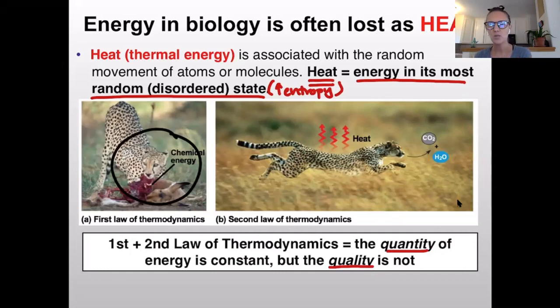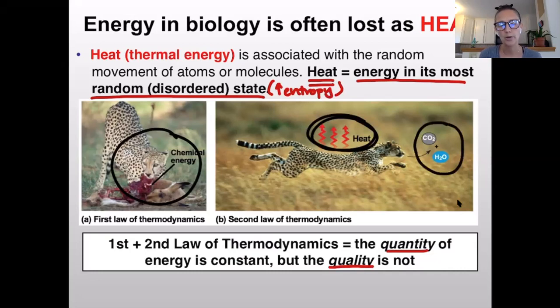And then as it's running very, very fast, it is losing some of that energy to heat, right? And in the process of losing that energy, it is getting rid of waste products in the form of carbon dioxide and water. What it consumed was oxygen and glucose, right?